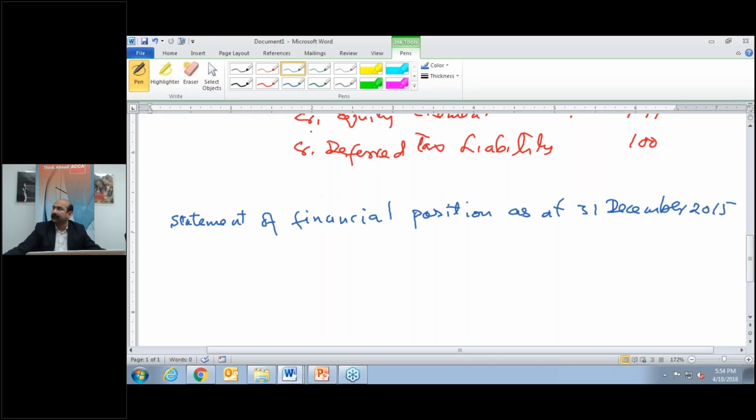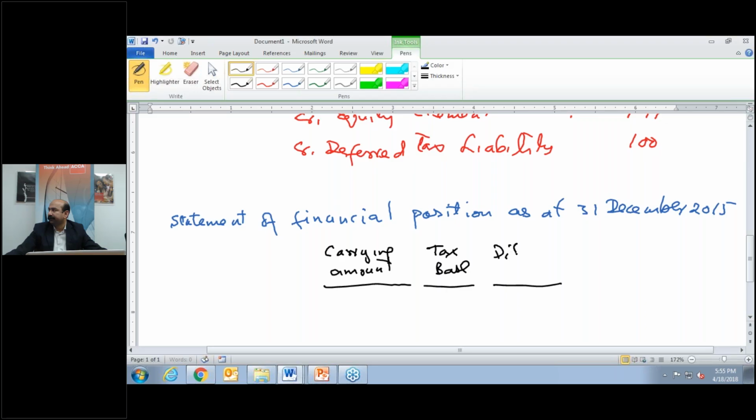Next year, what happened? Like the same columns, we can make carrying amount, which is the amount as per the accountant, then the tax base, then the difference, and then deferred tax.